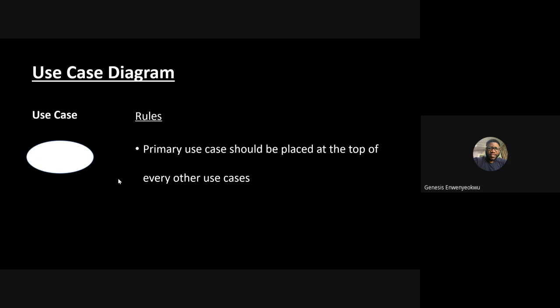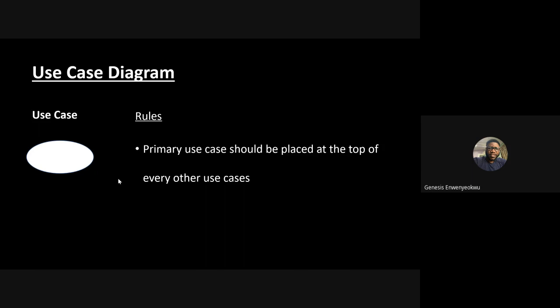Also, one good rule of thumb or good practice is to ensure that you place the primary use case at the top of every other use case. What this means is that the primary use case is considered the very first functionality that needs to be carried out on that particular system.